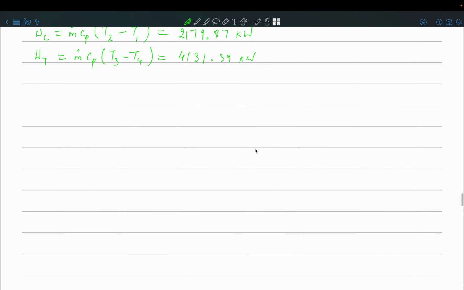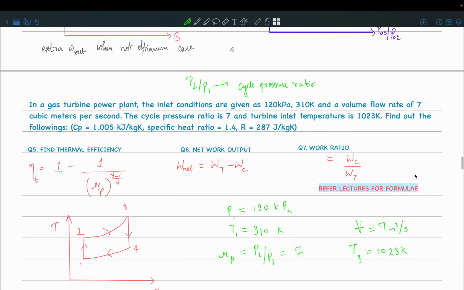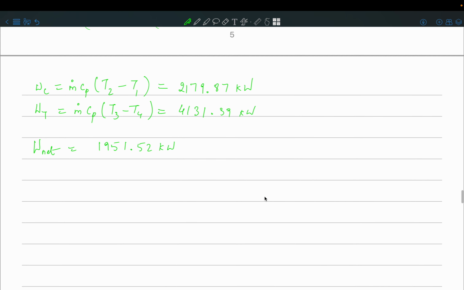So then you can find the net work also. That's easy. W net is simply the difference between them, and that turns out to be 1951.52 kilowatts. And then there was another question which asked what is the work ratio. So work ratio is defined as the compressor work divided by the turbine work. So that again you can find what is Wc by Wt. So that turns out to be about 0.53. Okay, so should I move on to the next question?